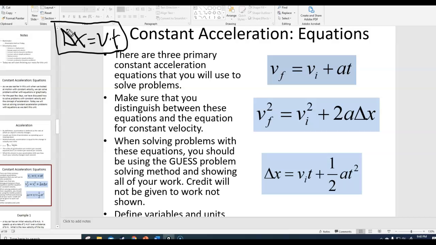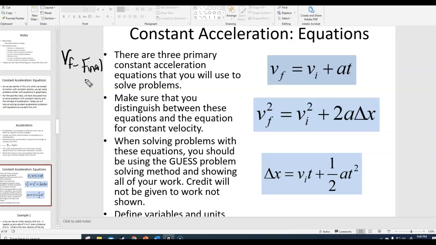So here are the three equations that we're going to be using to solve problems with constant acceleration. The first one, we have Vf equals Vi plus At, and here I'm just going to write out what all the different variables stand for. Vf stands for final velocity. The reason we have a final velocity now is because the velocity of the object is changing.